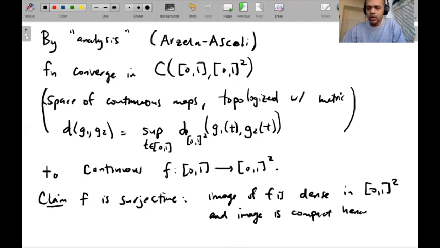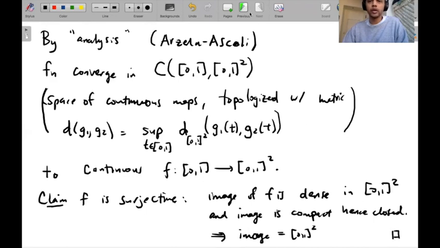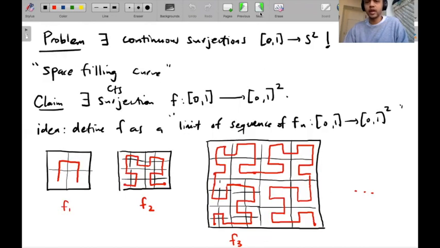Hence closed. But these together imply that the image is everything. A closed set that's dense has to be everything. Okay, so I haven't really proved anything, but this is how one can justify this claim, how one can obtain these space filling curves using a little bit of analysis.